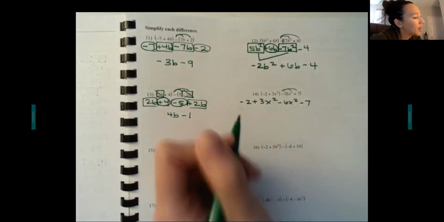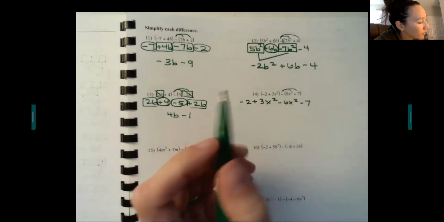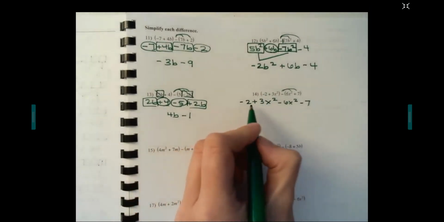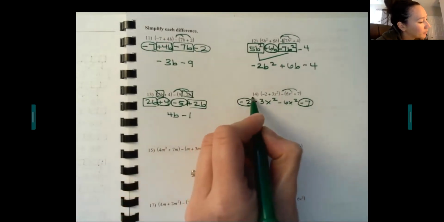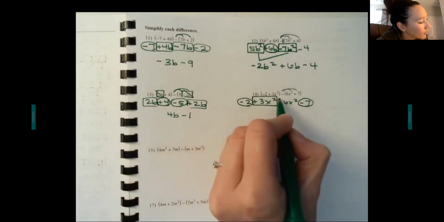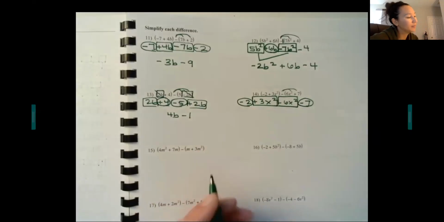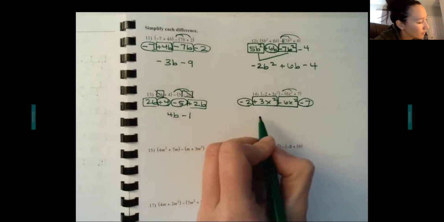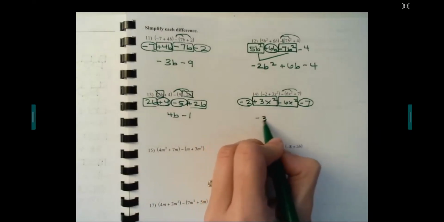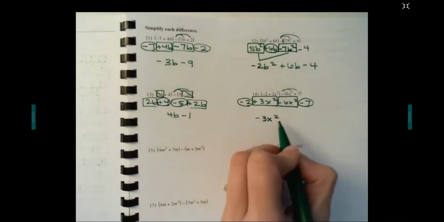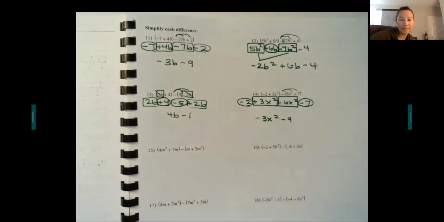Okay, now tell me what you boxed and circled. Okay, I circled the negative 2 and the negative 7. And then I boxed the 3x squared and the negative 6x squared. Good. And then I combined them and got negative 3x squared minus 9. Excellent. Thank you, Bella.